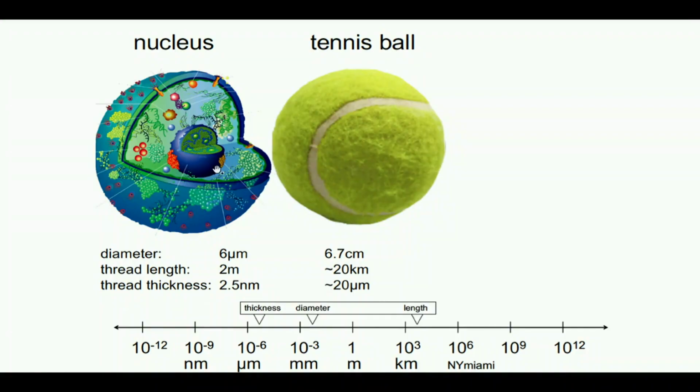If you compare the mass that the DNA takes in the entire nucleus, it will be similar to comparing a tennis ball with something that's like 20 kilometers big. So our DNA is really small, and it's sparsely located in our nucleus, even though the nucleus itself is also very small.